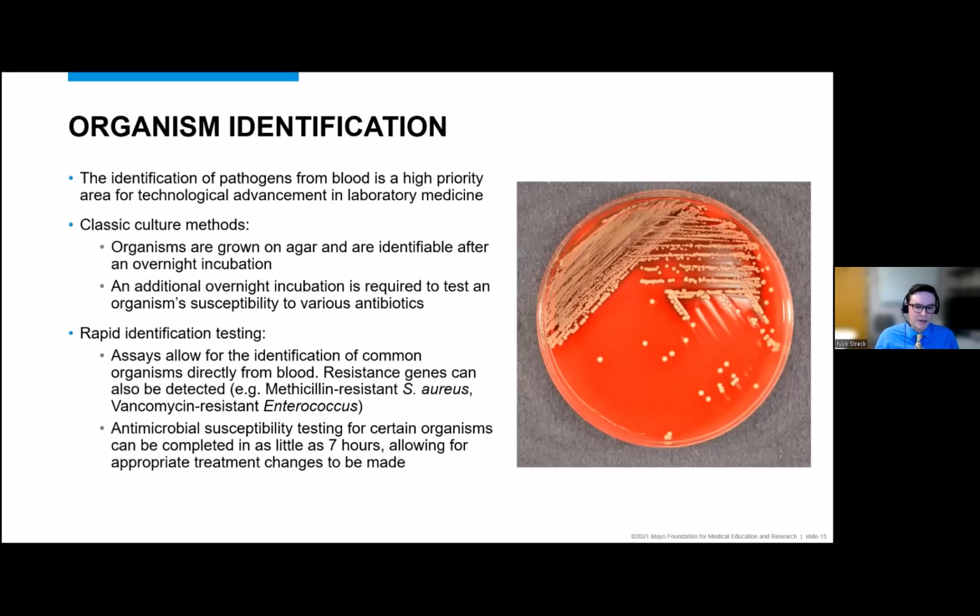So after a day, we can typically see some sort of growth on plates, like you can see here. And once we have growth of the organism on the plate, we have methods in the laboratory where we can identify that within the same day and report that to the healthcare providers.